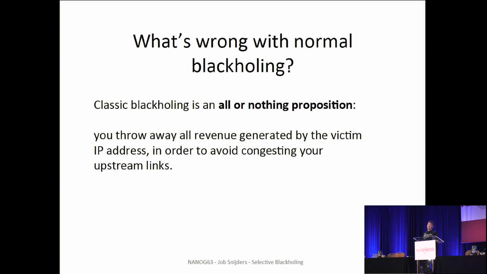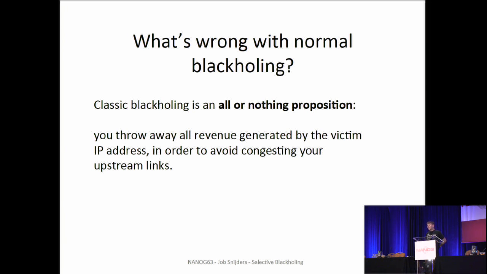What's wrong with classic blackholing is that it's an all or nothing proposition. You have an IP address that generates revenue because there's a web shop on it or something. And the moment it's under attack and you put a black hole on it, nobody can reach it. The illegitimate users or abusers of the service cannot reach it, but legitimate users that are willing to spend some money can also not use it.